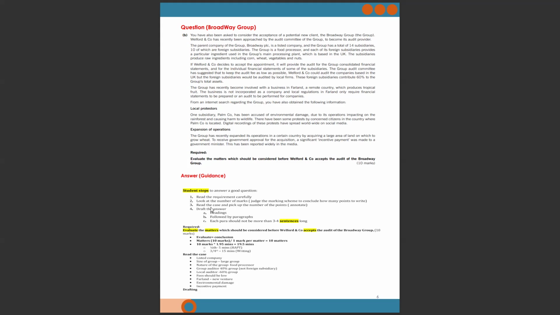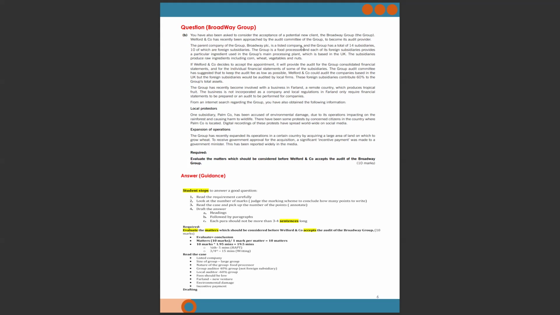Okay. Read the case, pick up the number of points and data, which we have listed down here. Draft the answer. How will you draft your answer? Headings. Make sure you are giving headings. Your first heading will be about listed company. Then you will pick the line from here: the parent of the Broadway company is a listed company.